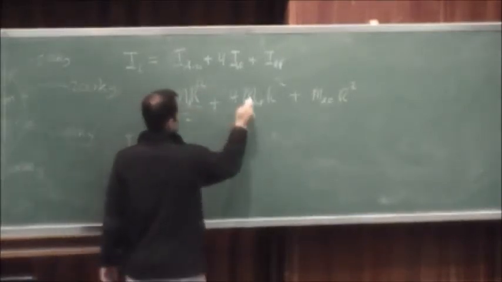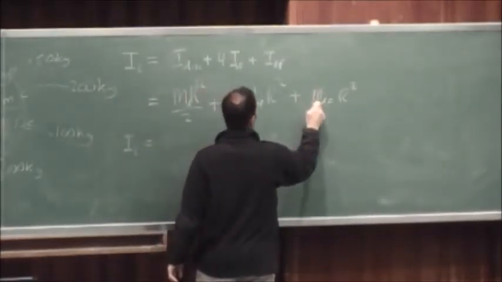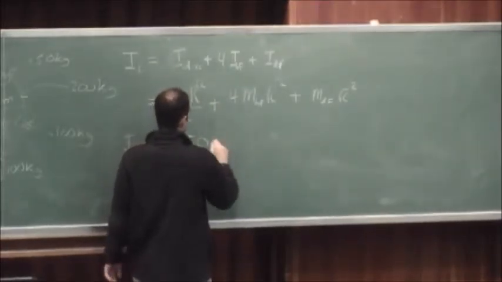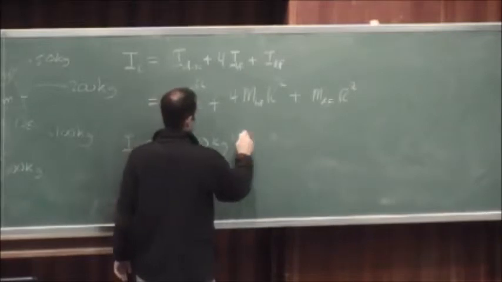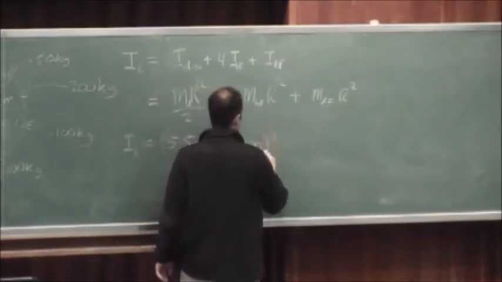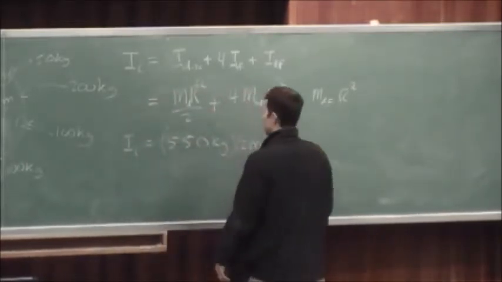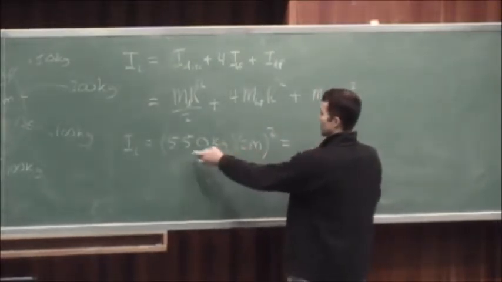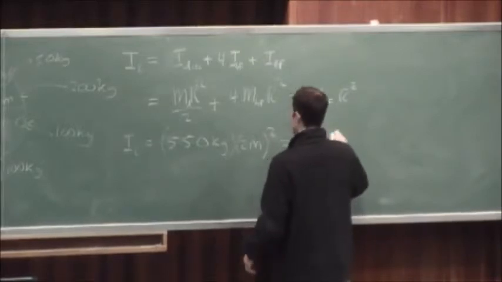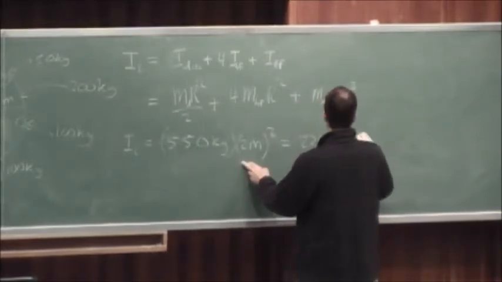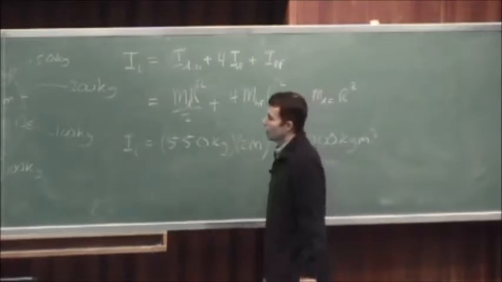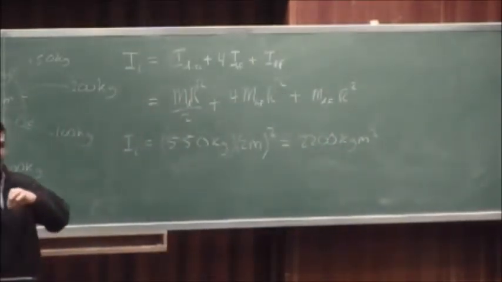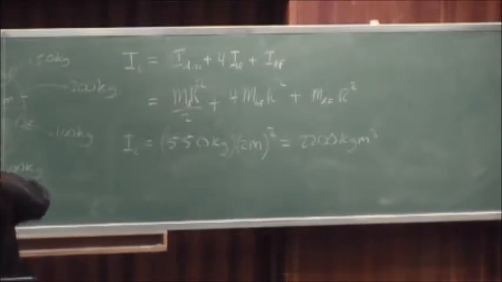So we get 100 plus 400 plus 50, which is 550 kilograms times 2 meters squared. So this gives us 550 times 4, that's 2,200 kilogram meters squared.